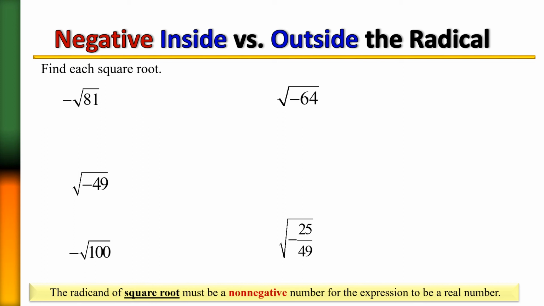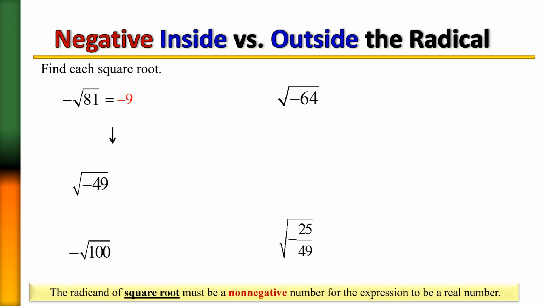We have a perfect square root here, a positive square root. The square root of 81 we know is 9. But because we have that negative in front, we're going to negate our answer. So instead of 9, it's going to equal its additive inverse, negative 9.